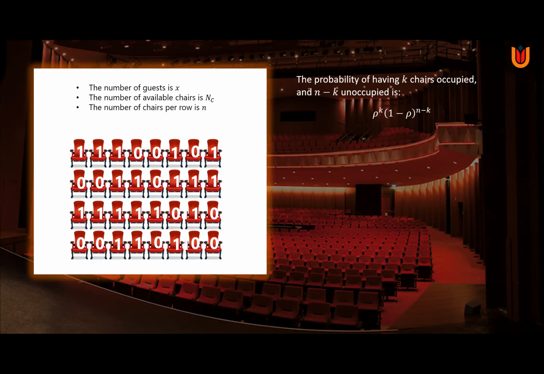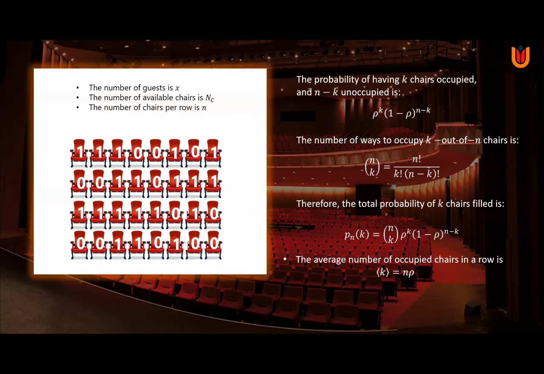So that's given by that expression, and then taking into account all the number of ways that this can happen with a binomial distribution. So a binomial distribution for the number of filled chairs in a row that has 10 chairs.